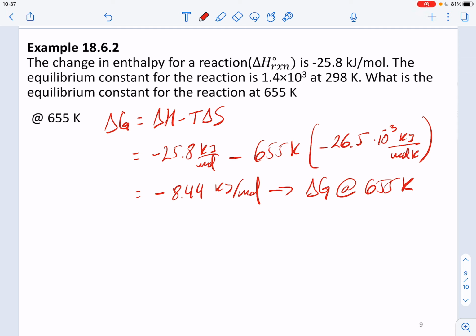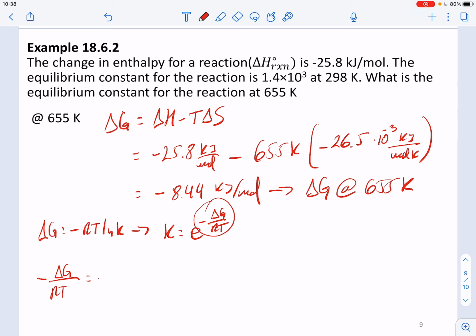Okay? Now delta G equals minus RT logarithm of K, so if we are calculating K, then K is equal to the exponential of minus delta G divided by RT. So how about we calculate this term first? Minus delta G divided by RT is equal to minus minus 844 times 10 to the negative 3 joules per mole.